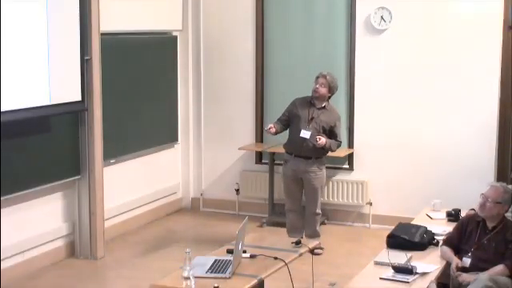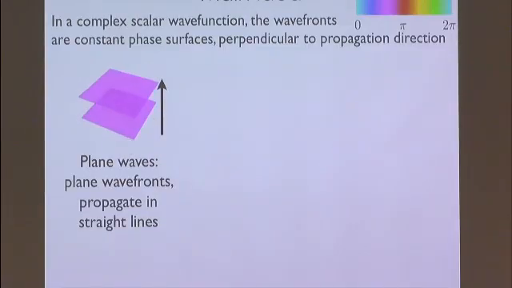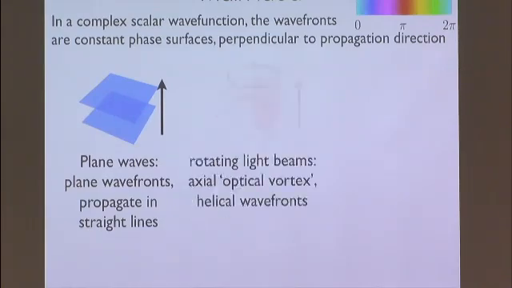Most people here will be familiar with the idea that for plane waves, the surfaces of constant phase, the argument of the complex number, are planes perpendicular to the direction of propagation of the wave. And in optics, just as in superfluids, we're not restricted to waves with this sort of topology.